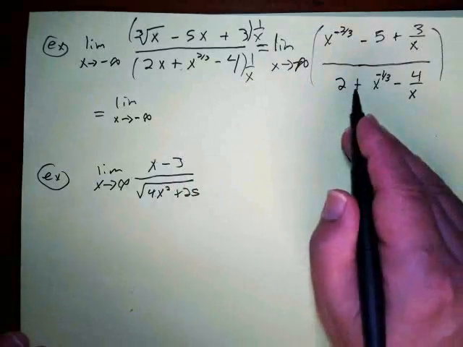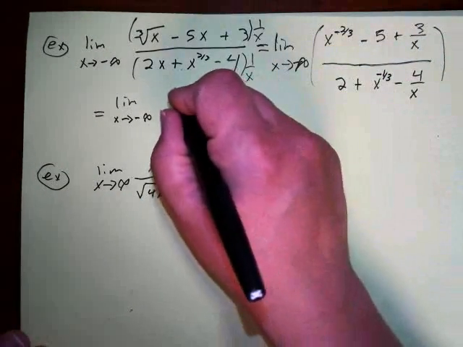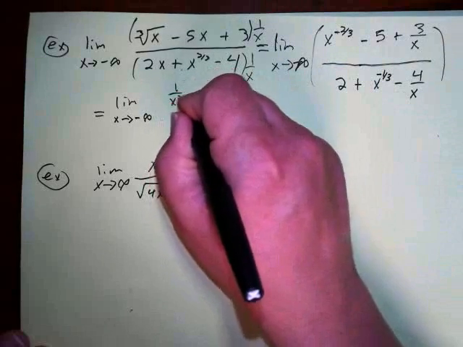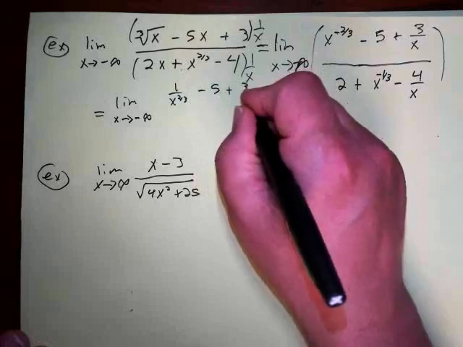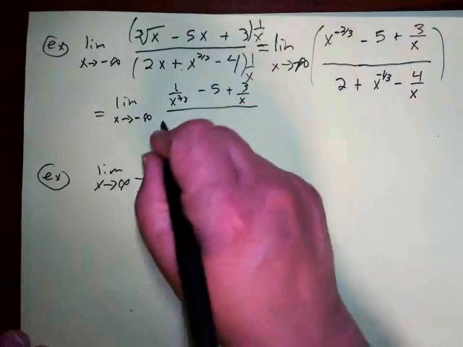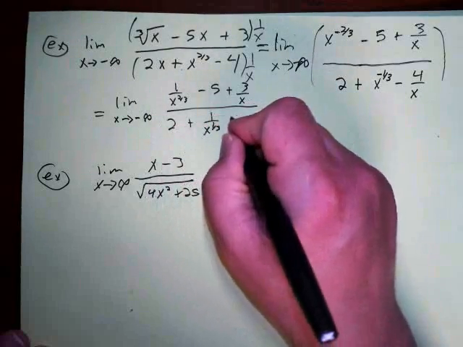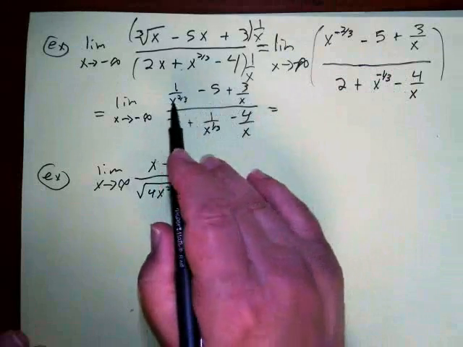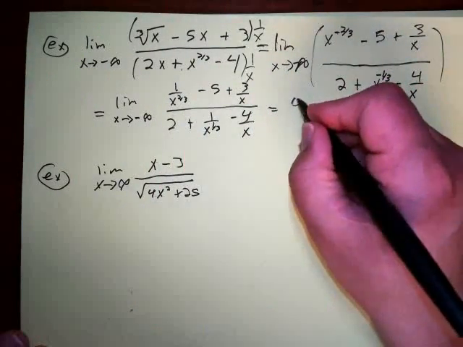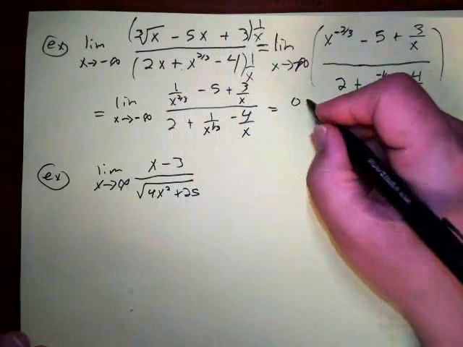But okay, so now this would be like 1 over x to the 2/3 minus 5 plus 3 over x, and then this would be 2 plus 1 over x to the 1/3 minus 4 over x. And the point here is that this would go to 0, okay, because the x to the 2/3 will keep increasing.